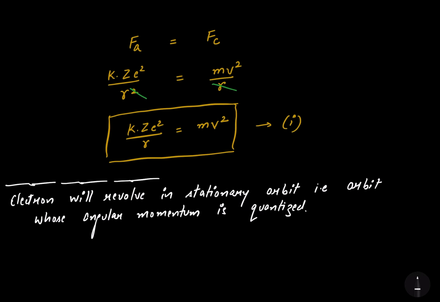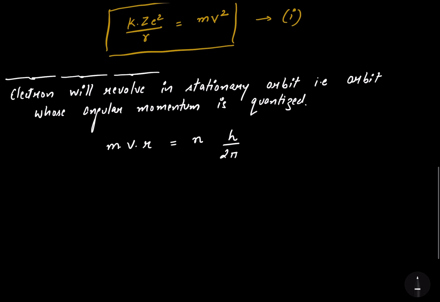That is, the angular momentum m v r must be a whole number multiple of h upon 2 pi. Take that whole number to be small n. So this is the equation given by Bohr.